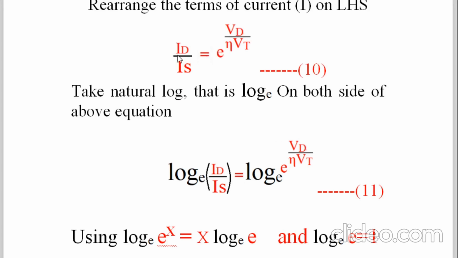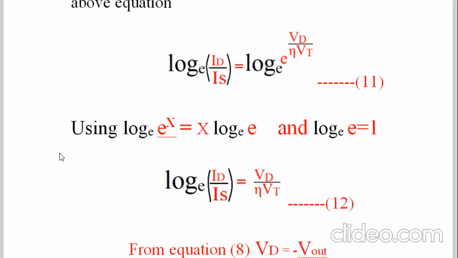So now here you have to take the natural log, that is log to the base e, on both sides. Log to the base e of ID upon Is is equal to log to the base e of e raised to VD upon eta into Vt. Using log to the base e of e raised to x, this x will come here, and what will remain?